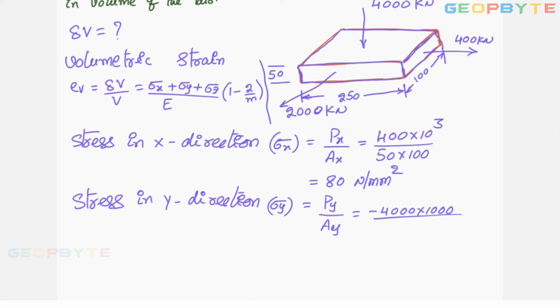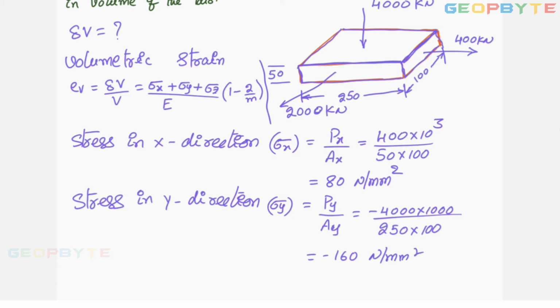Area for that load is 250 into 100. Simplify this value to get sigma y, which is minus 160 Newton per mm square.